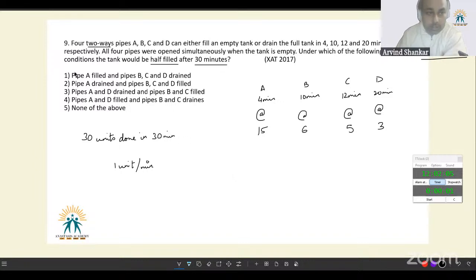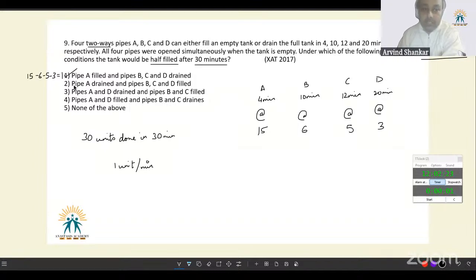So let's look at the options. The first one tells us A is positive and B, C, D are negative: -6, -5, -3. And yes, this does indeed give me the rate of working as 1 unit per minute. So most likely this is the answer.